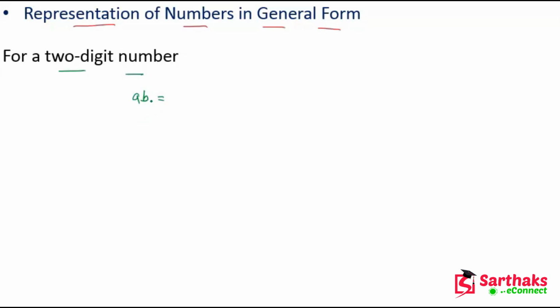The general representation of this number is A into 10 plus B into 1. Here you can see that this AB does not mean A into B. Listen to me very carefully. This AB is not equal to A into B. It means this is a two-digit number.